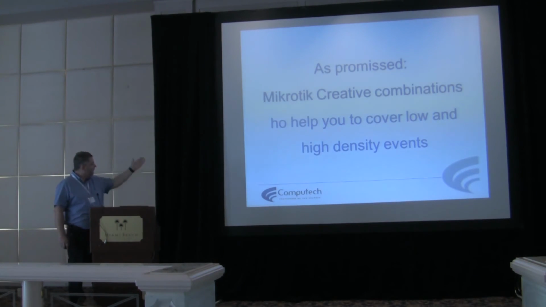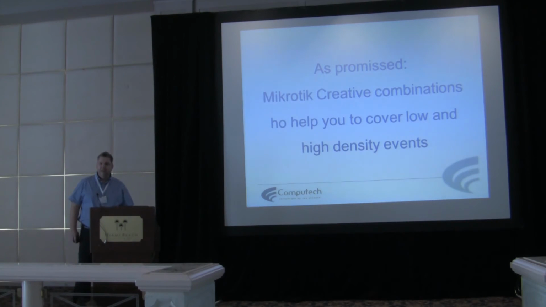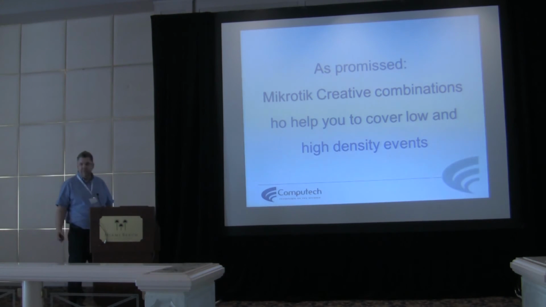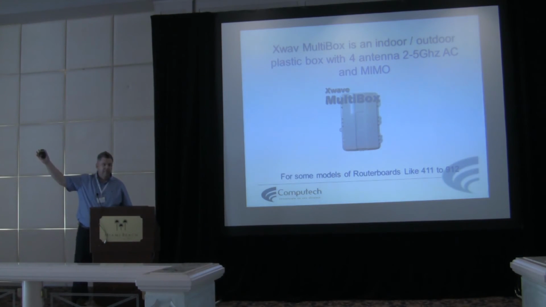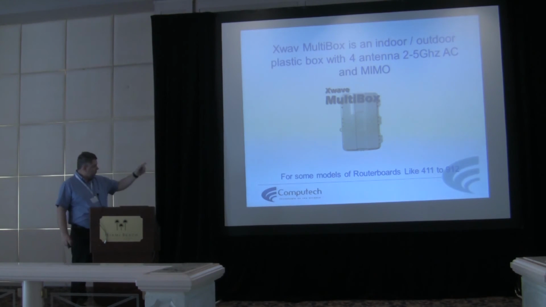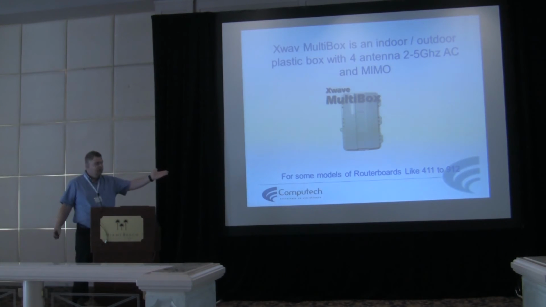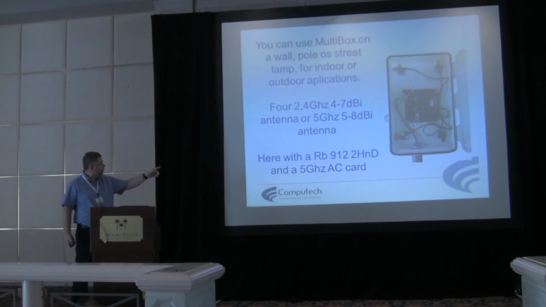As I promised, I'll show you, and you can check in the exhibition hall, some Mikrotik creative combinations to help you to cover events like this. Oh, we have for the club, for the pool area, a box. Here I can show you more.